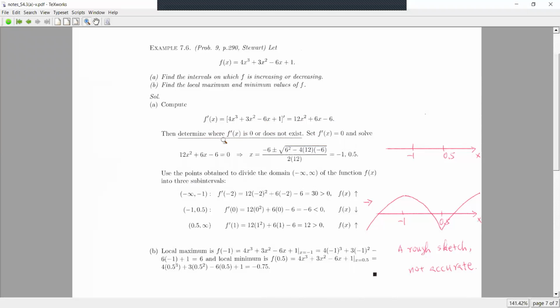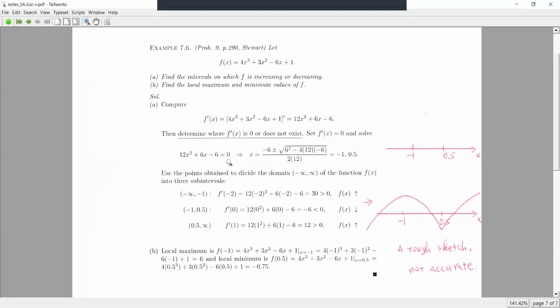To find the points where the derivative is 0, I set the derivative to 0 and solve this equation. The left-hand side is the derivative. Now solve this equation.